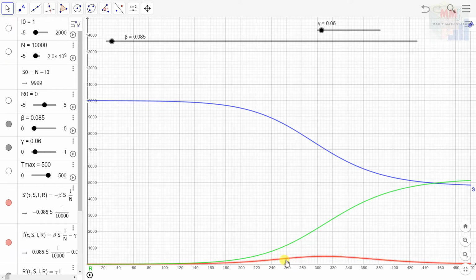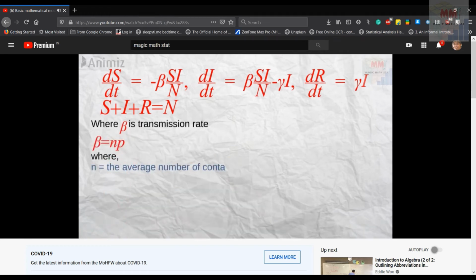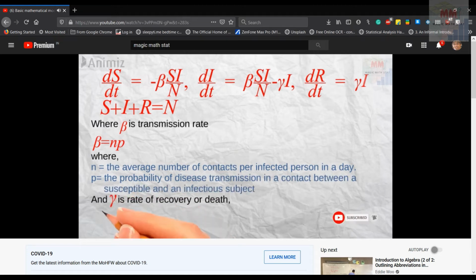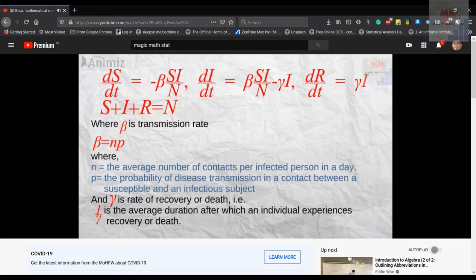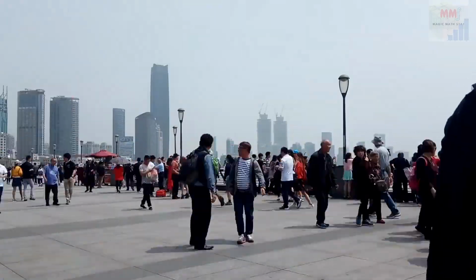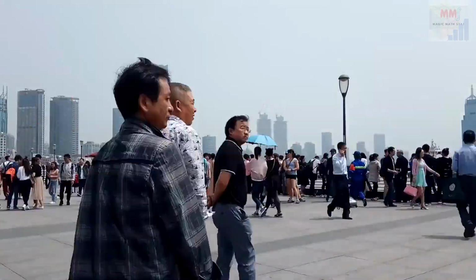Now the question is, how can we really decrease the value of beta? Well, if you have seen my previous video, then you know that beta is nothing but NP, where P is the transmission probability, which is almost constant every time. So what you need to know is that beta only depends on the average number of susceptible people who come into contact with one infected person.